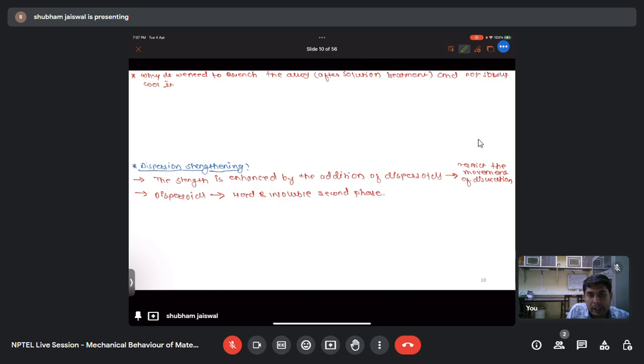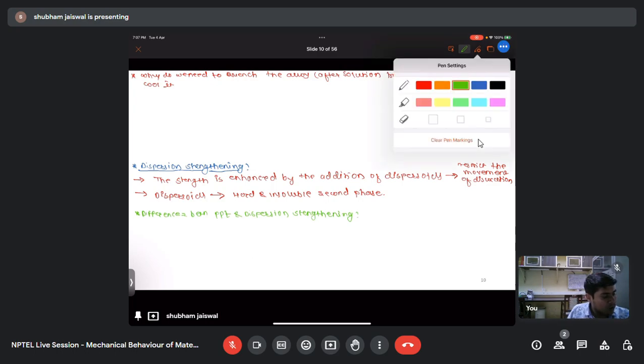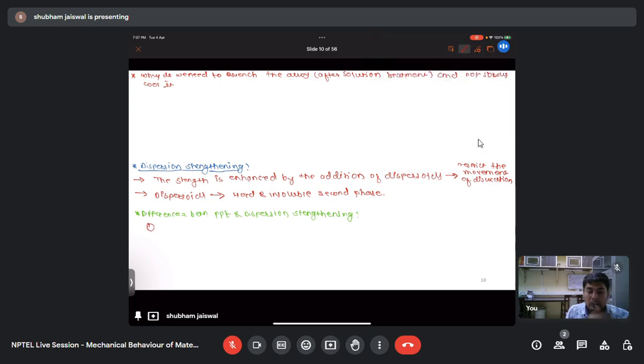So, what are those? Can anyone answer this? Between precipitation and dispersion strengthening, the first difference is that the precipitates are in situ, means they form from the matrix itself, whereas the dispersoids are added externally.